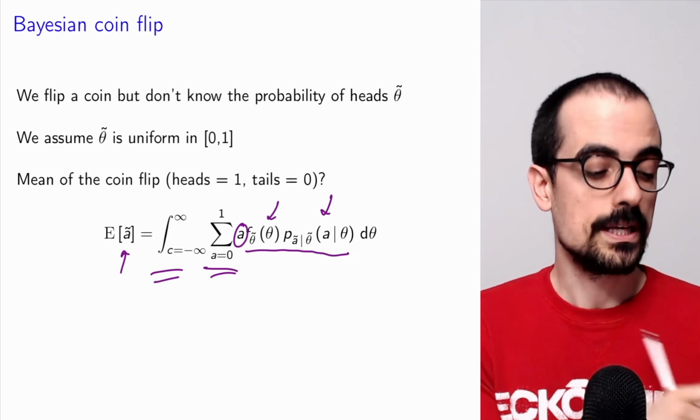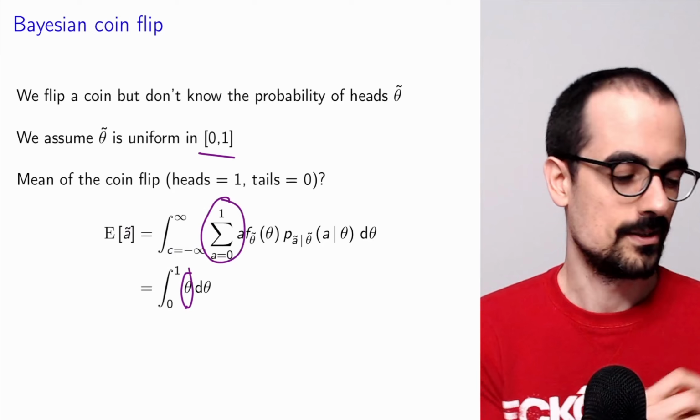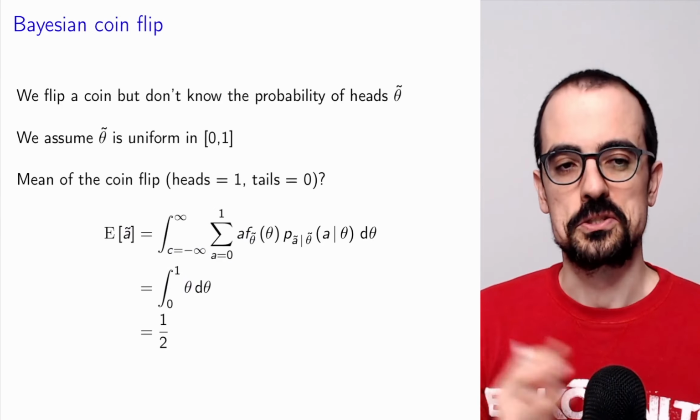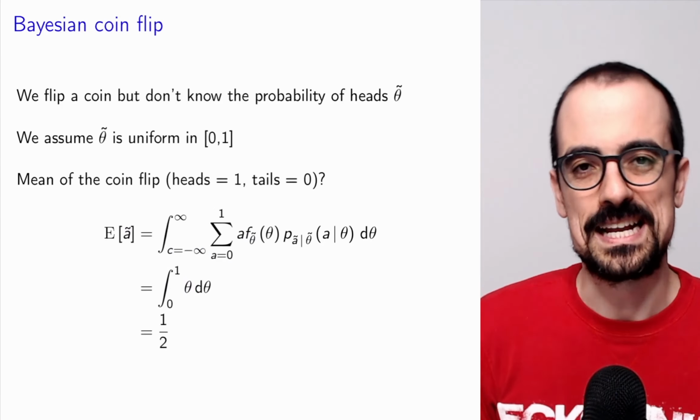Remember that the PDF is 1, and this is the conditional PMF of the discrete random variable given the continuous random variable. We don't need to sum because the value for 0 is going to be 0 because a at 0 is 0. Okay, so again, I'm going a little bit quickly through the examples, but I don't want this video to last for 2 hours. So the mean at the end of the day is 1/2.